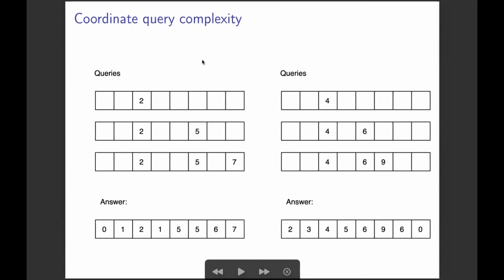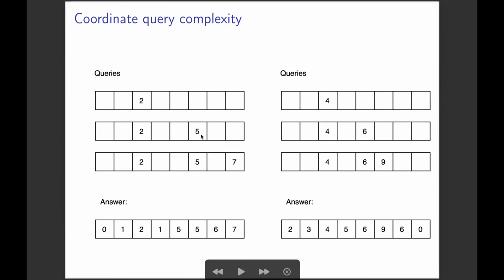So what is coordinate query complexity? Assume that you pick an element from your multidimensional set, and the query complexity is the minimal number of coordinate probes that are needed in order to figure out what was the element that you picked.